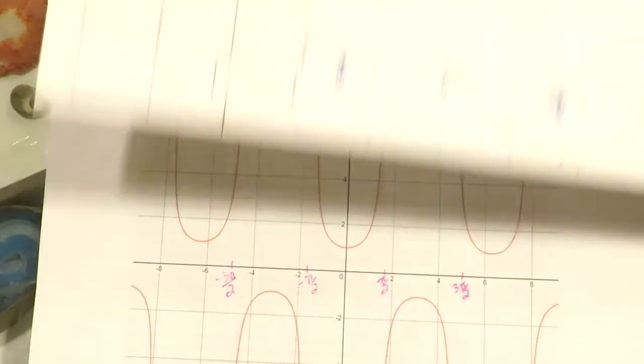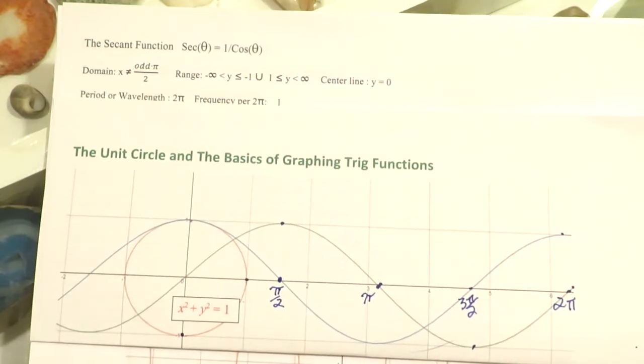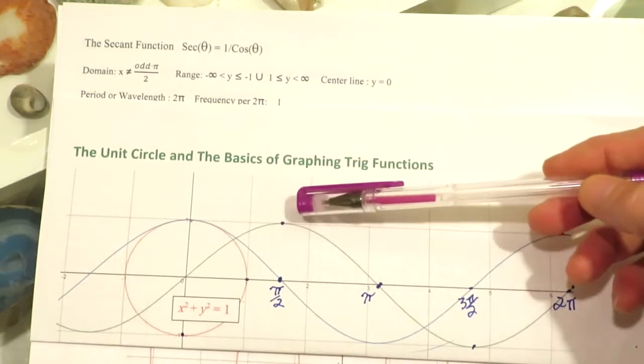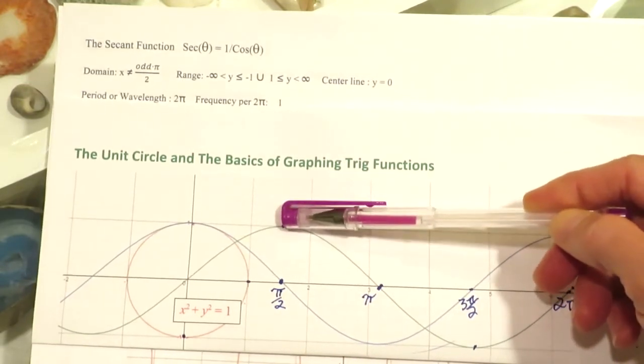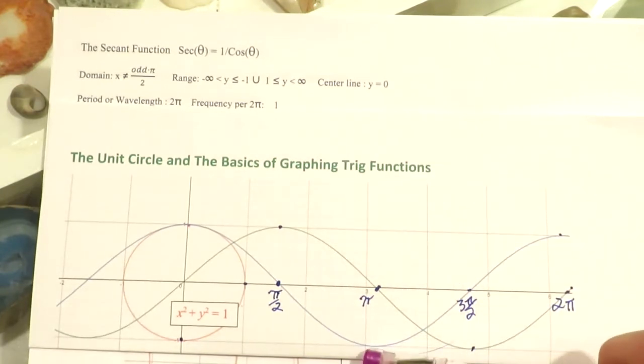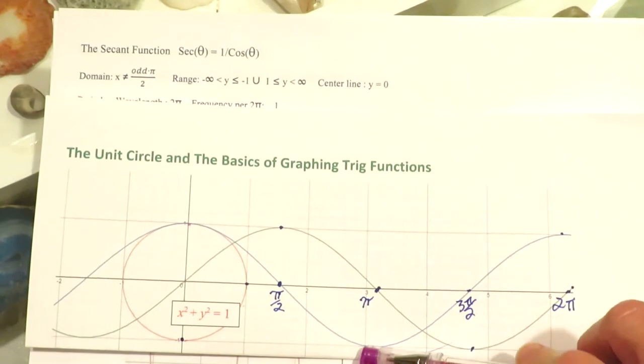And so the graph of secant actually has a minimum point at these maximums and a relative maximum point at the minimum points on cosine.